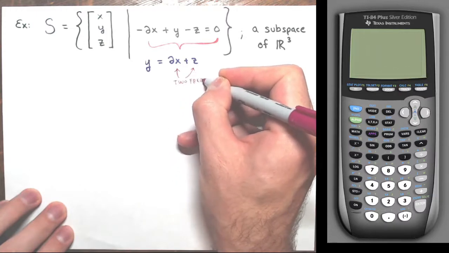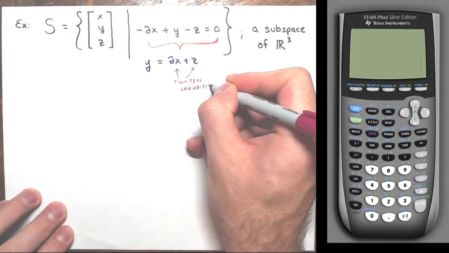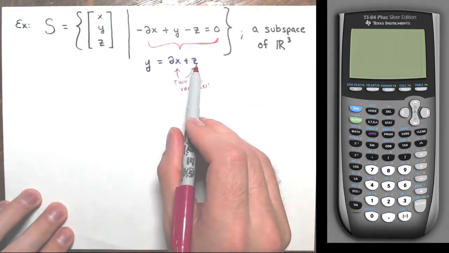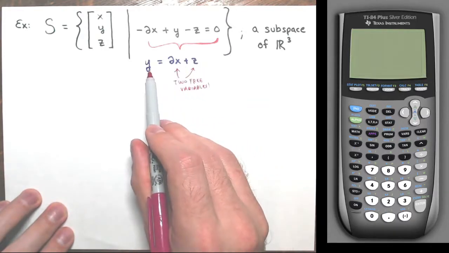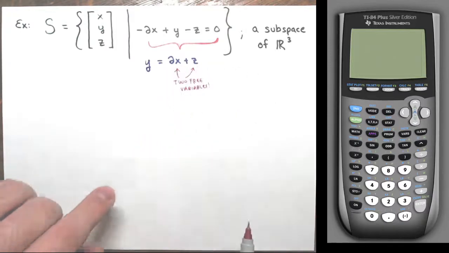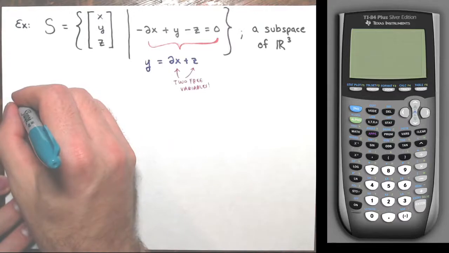Two variables that I could say are any value I wish. I could let x be 100 and z be -5. But if I do that, then y would have to be 195. y can't be anything I want. But these two can. And what we're going to see is that the number of free variables in the equation that describes the subspace is going to be the number of vectors in a basis for that subspace.